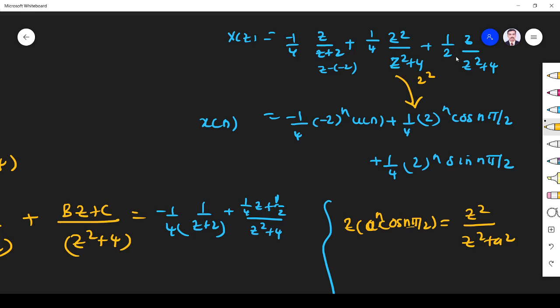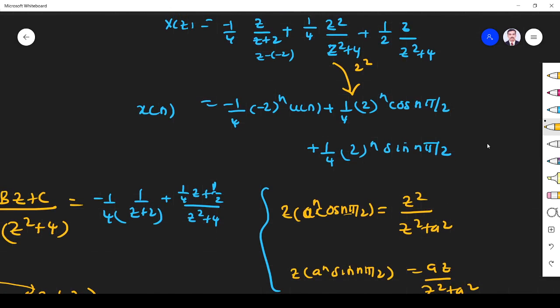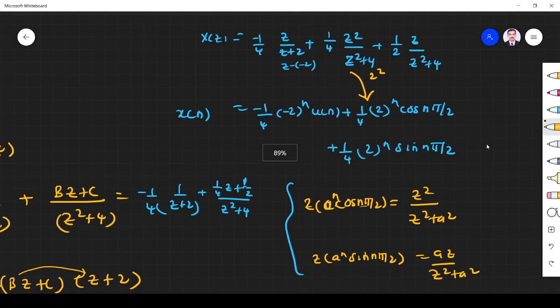Here you see 1 by 2 z by z squared plus 4. Next, what is the z transform of sin n pi by 2? a power n sin n pi by 2 is a z divided by z squared plus a squared. Fine. So inverse we have to find. Okay, here you see 1 by 2 is there.